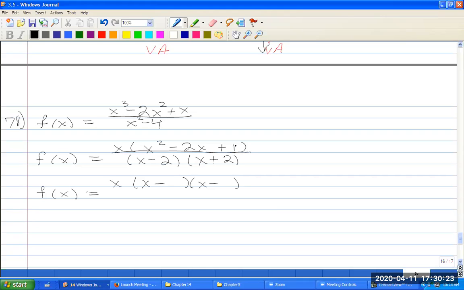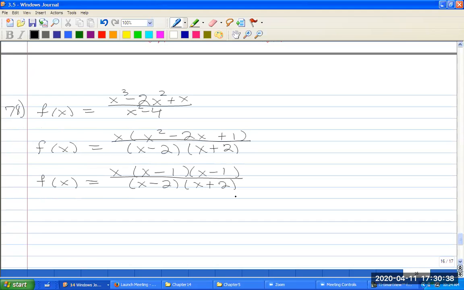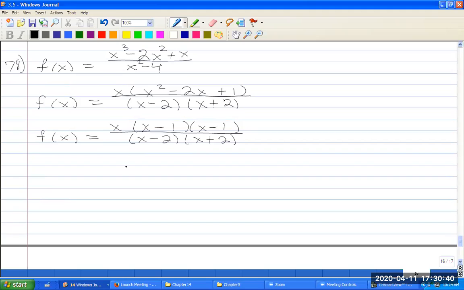I want two whole numbers whose product is 1 and whose sum is 2. So 1 and 1, over x minus 2 as follows. x times x minus 1 squared over x minus 2, x plus 2.